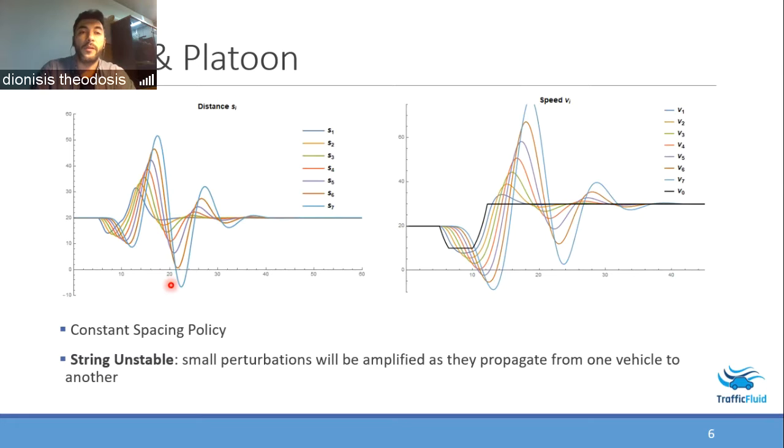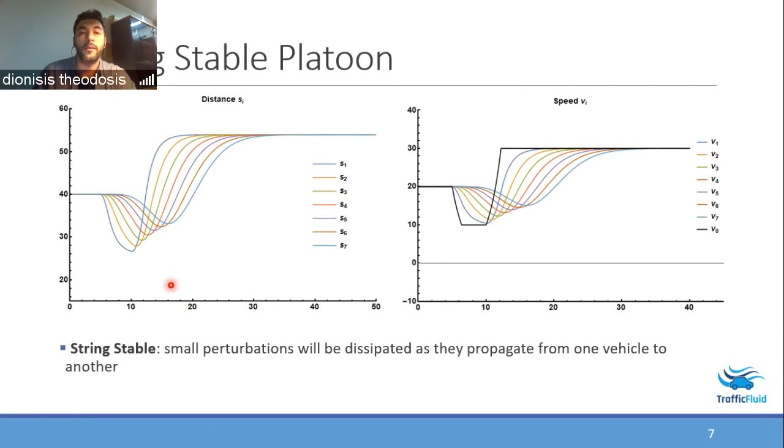A desirable property is the opposite, string stability, where small perturbations are dissipated as they propagate from one vehicle to another, and this is what happens exactly with a constant time headway policy and its associated controller, as well as with a variable time gap policy.